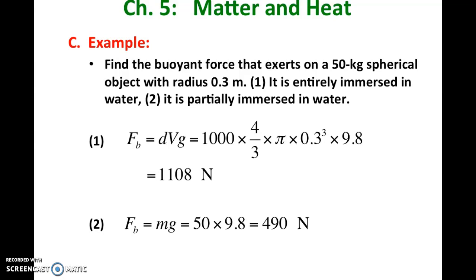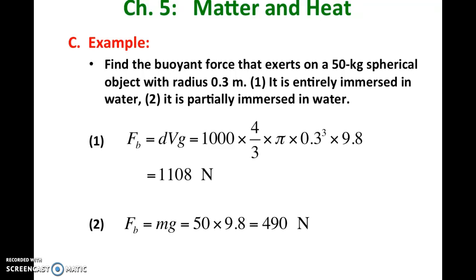For the object to be entirely immersed, we can calculate the buoyant force from the buoyant force formula, Fb equals dVg. Since the density of water is 1,000 kilogram per cubic meter, g is 9.8 meter per second square, and the volume displaced by the water, displaced by the sphere, can be determined by the volume of the object because the object is entirely immersed.